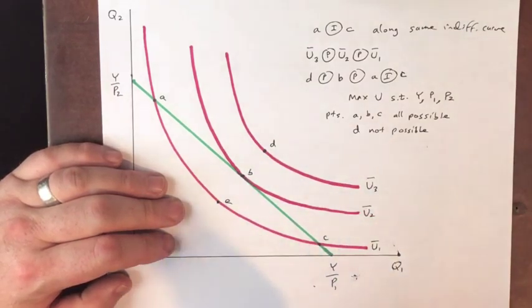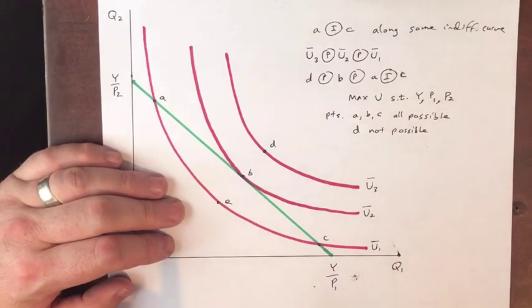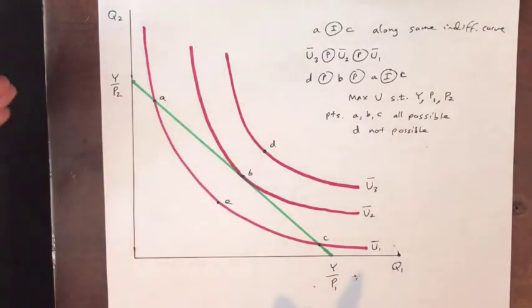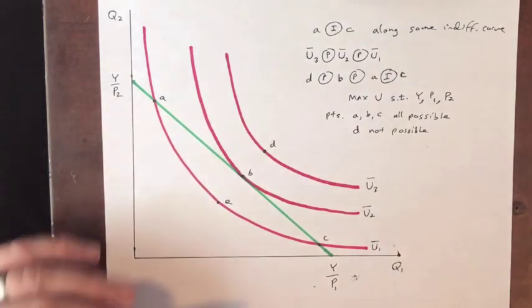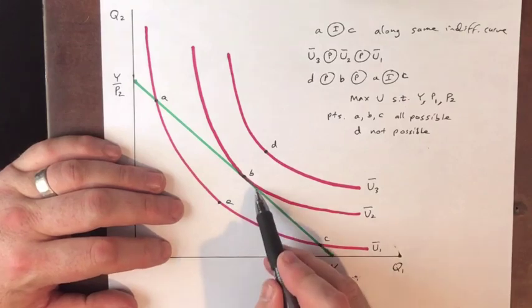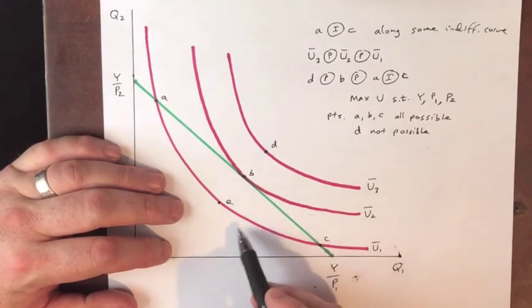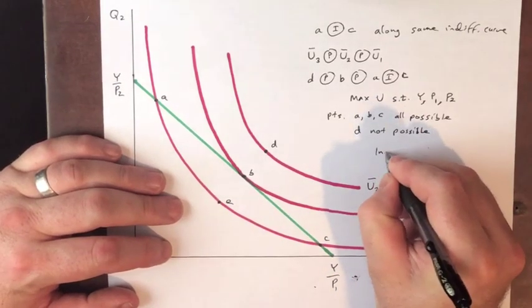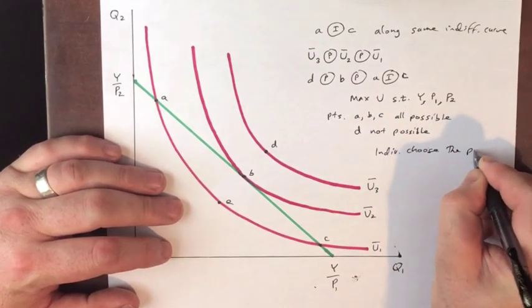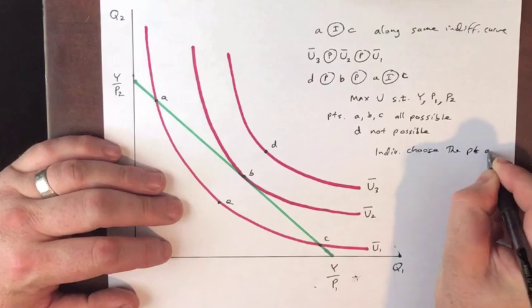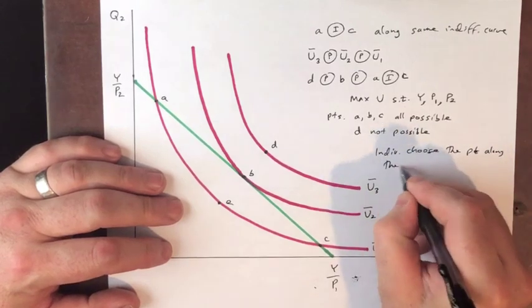Now, we want to explain the individual's behavior. We want to show, well, what are they going to do? Which one are they going to choose? Okay, so they are going to choose the point which gives them the best indifference curve, right? The highest indifference curve. Okay, so the individual is going to choose the point along the budget line.